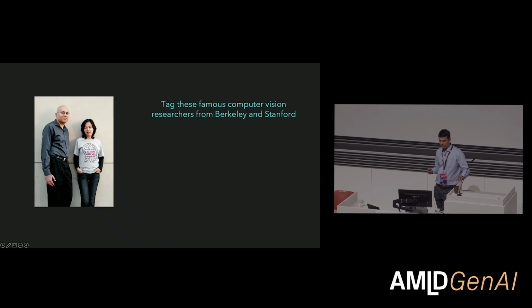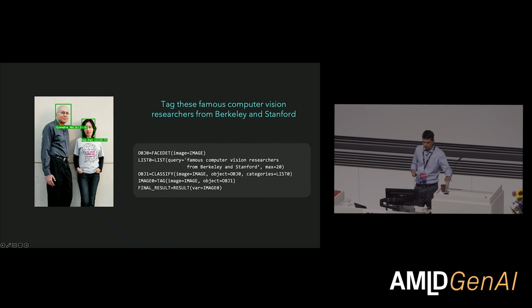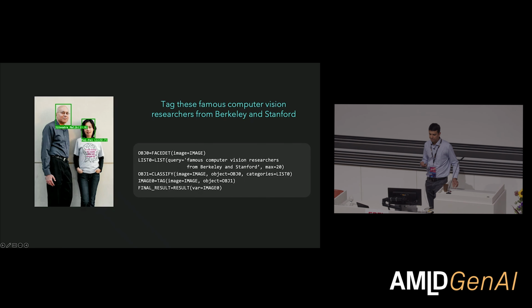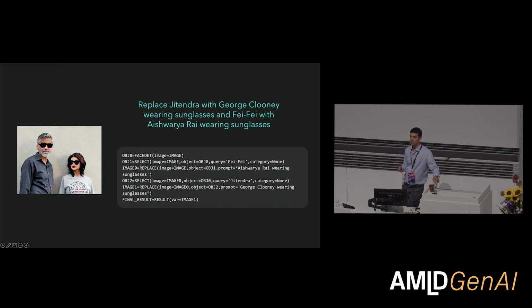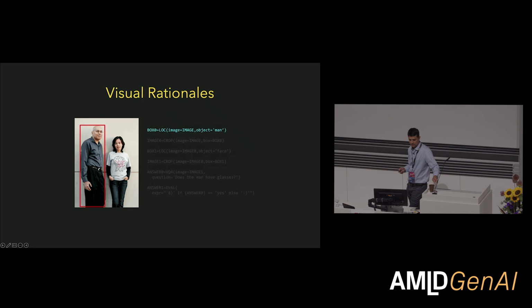And so I'm going to end with an illustrative example. So here are some famous computer vision researchers that you might know. And I asked VisProg who these people are, and it correctly identified them as Jitendra and Feifei. And then I said, well, can you replace these computer vision celebrities with Hollywood and Bollywood celebrities? And it correctly did that. And then I asked VisProg to zoom in onto Jitendra's face and see if he's wearing glasses.